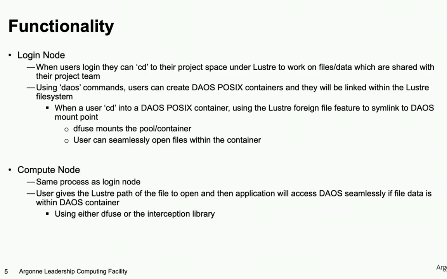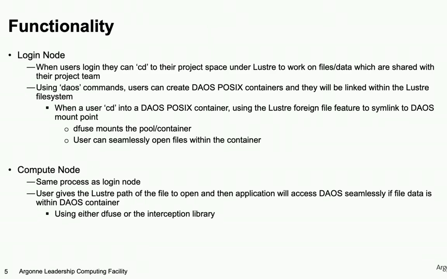When users access that POSIX container, they can cd into it as they would a regular directory, and using the foreign file feature, they'll symlink to the DAOS mount point, and dfuse will mount the pool and container for them, and then they'll be able to seamlessly access any files within that container. So for the initial startup, users can easily get started using DAOS with minimal knowledge of how our overall storage architecture is.